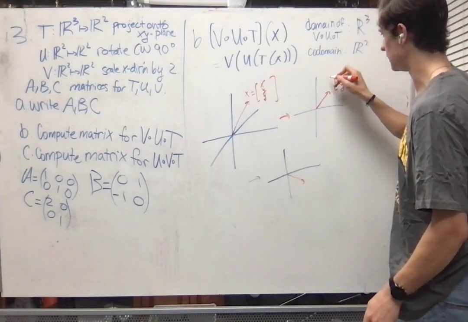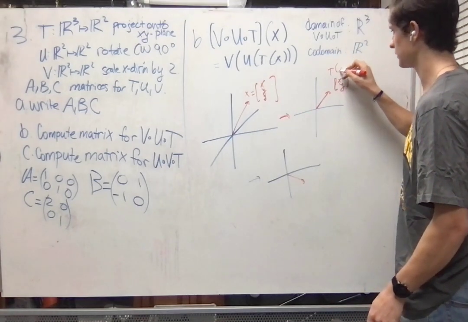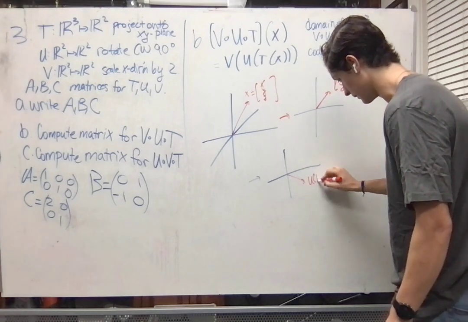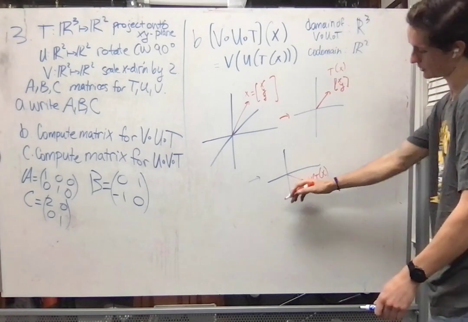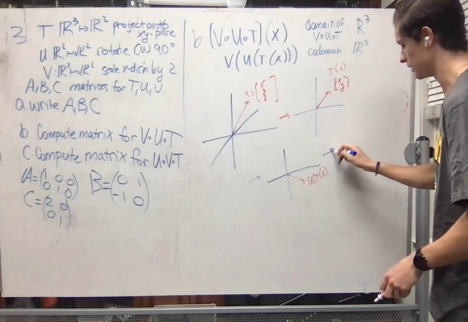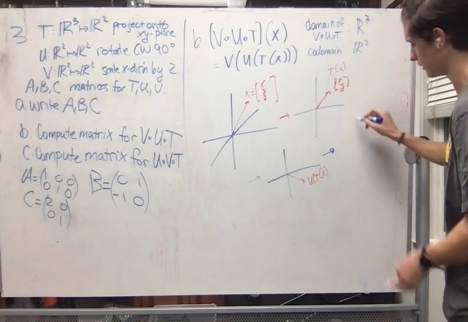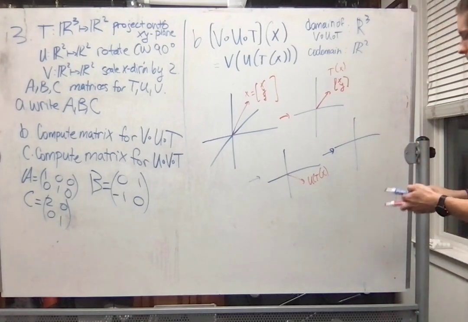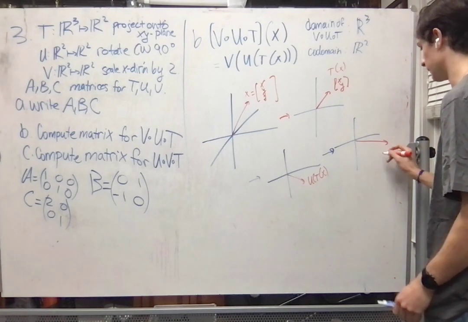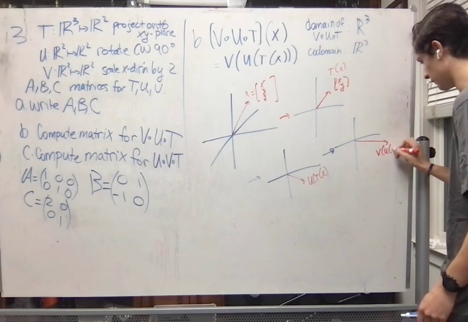This is going to be T of x, and then this is going to be U of T of x. And then finally, we're going to scale the x direction by a factor of 2. So one more transformation, still in R2. V of U of T of x is going to be something like over here.